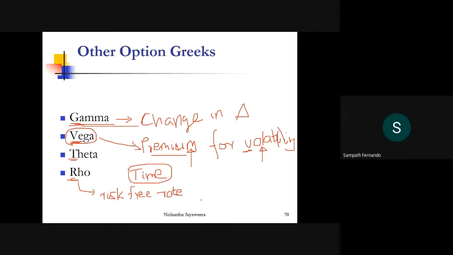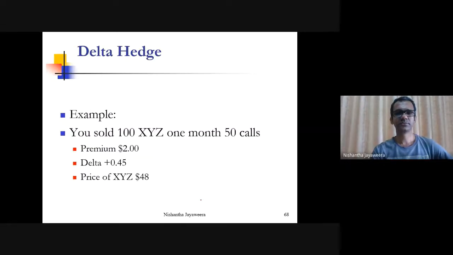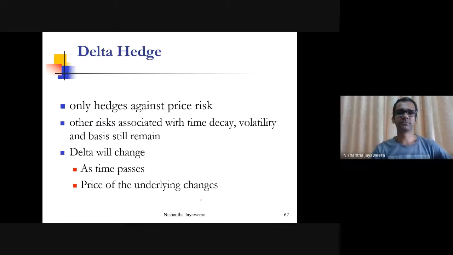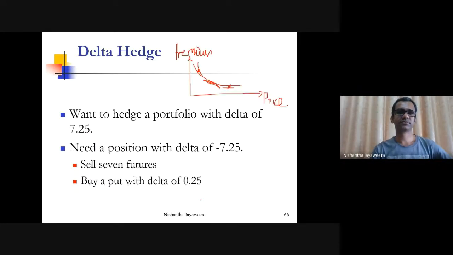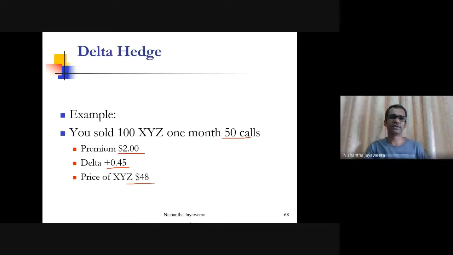Slide 68, there is an example. It is 1 month 50 calls, premium is 2, delta is 0.45, price of XYZ is 48.